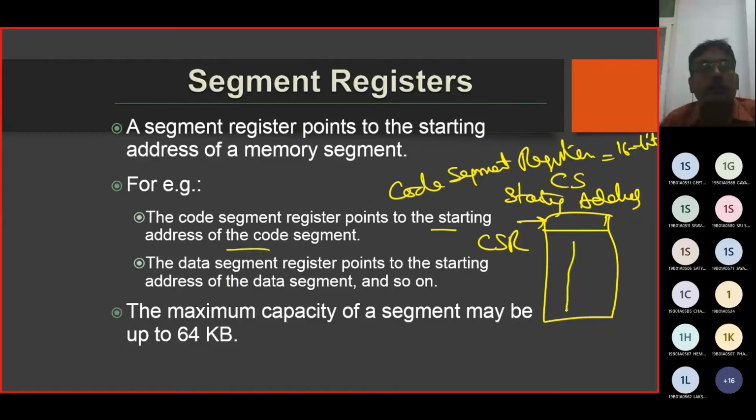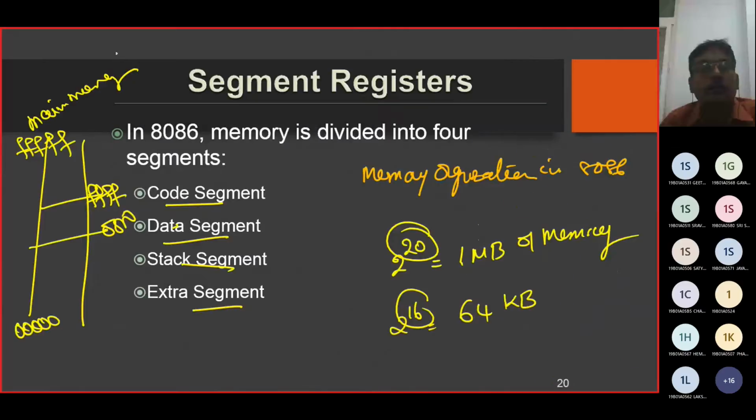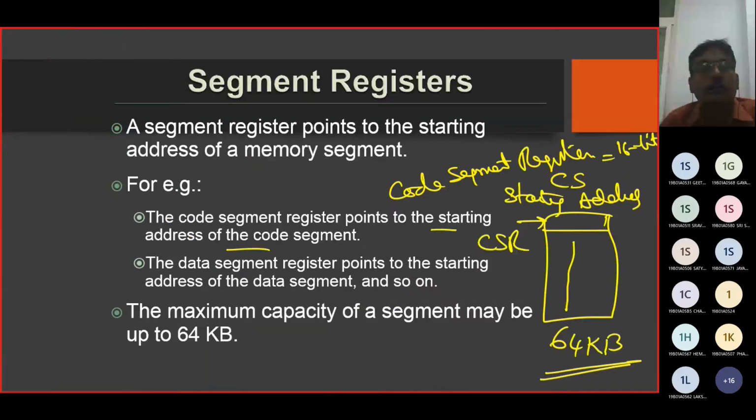And the segment size is 64 KB. This is a huge memory, and in this huge memory we have a small partition, a small chunk, which we call a segment.